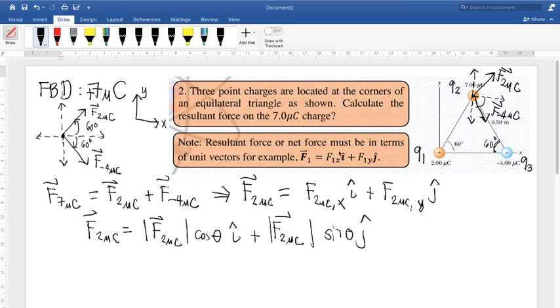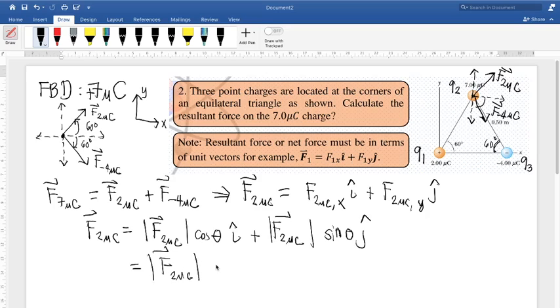So balik ta. So sine theta. So here, ang imong cosine theta, so the angle sa imong 2 microcoulomb is 60 degrees. But since the magnitude of the force exerted by the 2 microcoulomb is constant to both terms, we can just put it outside.